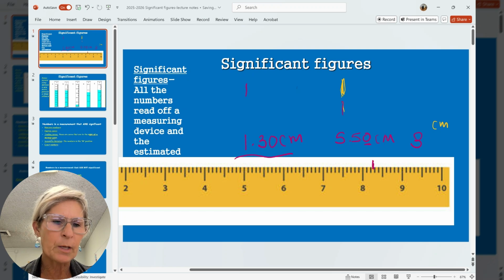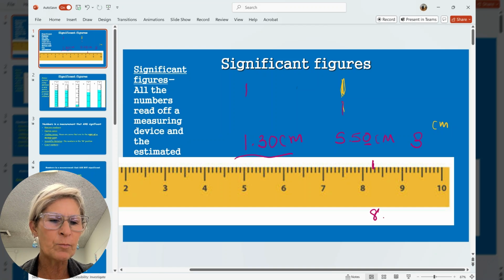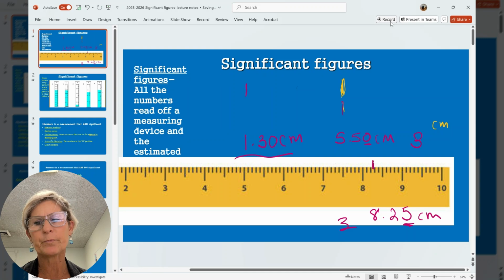Then I would read my measuring tool as 8, 8.1, 8.2, and I think it's right in between the 0.2 and the 0.3. So then I would read it as 8.25. The 5 is my estimated digit because I'm estimating where it's landing between the two tick marks. So again, I would have three sig figs.